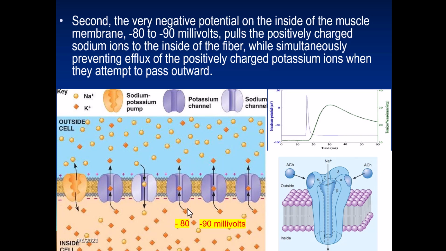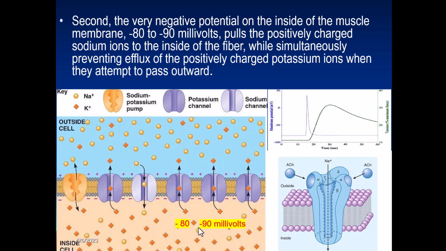So the negativity is converted from minus 80 to 0, and this creates a potential. Remember, this potential is not an action potential, but a channel potential, because the sodium is transported through the acetylcholine channel, which is opened by acetylcholine, and the sodium rushes through these channels into the inside of the muscle cell.